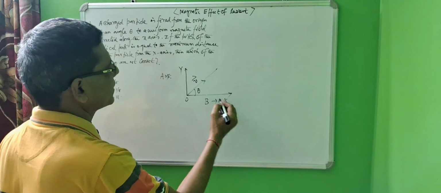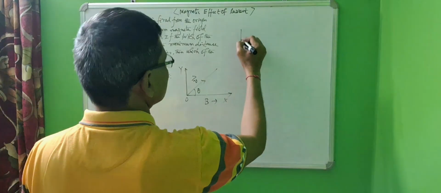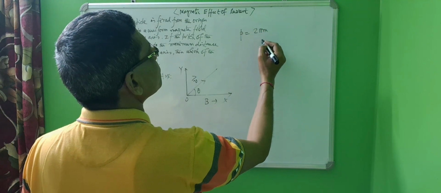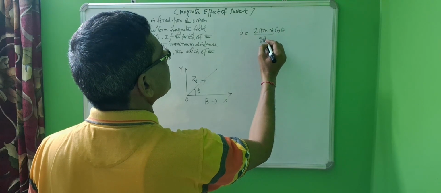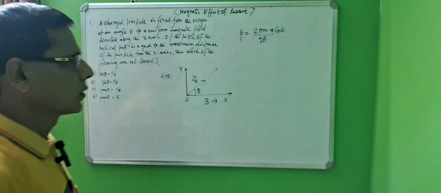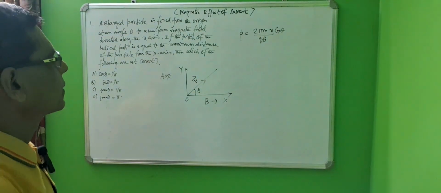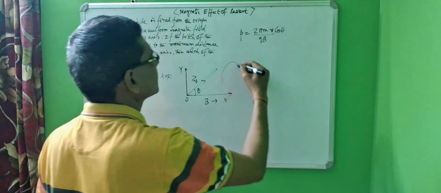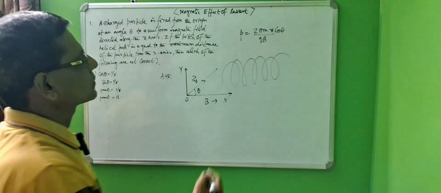This is O, this is X, this is Y. So we know P equals twice pi mv cos theta upon qB, where P is the pitch of the helical path. The path will be in this way, which is known as helical path.